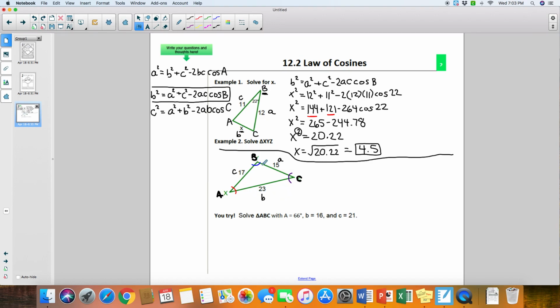I have to find all three of the angles. I can pick any one of these formulas to start with because I have to find all of them anyway. So I'm just going to start with A.